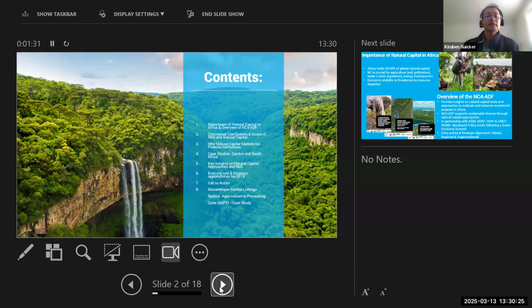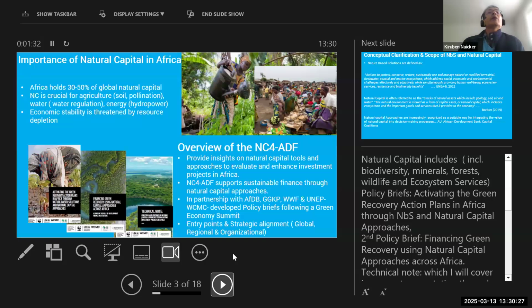Next slide. Okay, so we've heard from Wadziana the importance of natural capital, and in Africa, Africa holds 30 to 50% of global natural capital. This natural capital includes biodiversity, mineral resources, wildlife, and ecosystems as well.